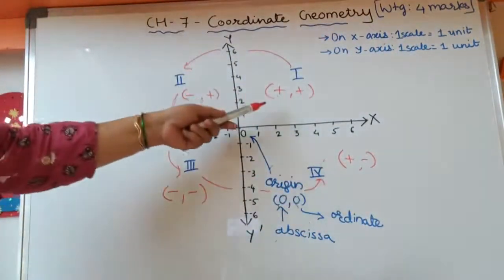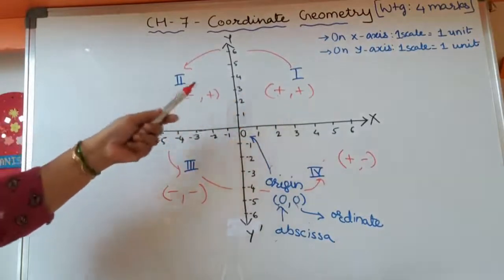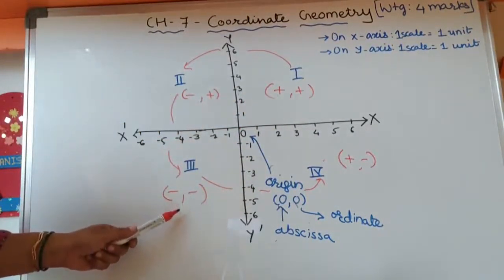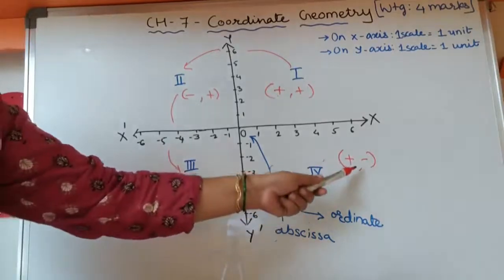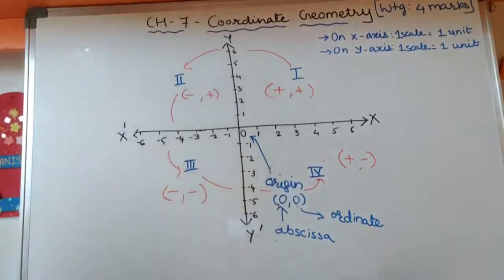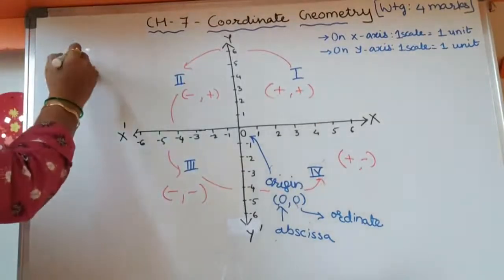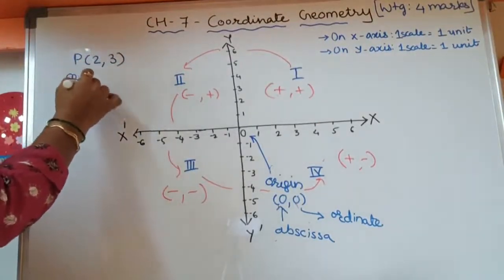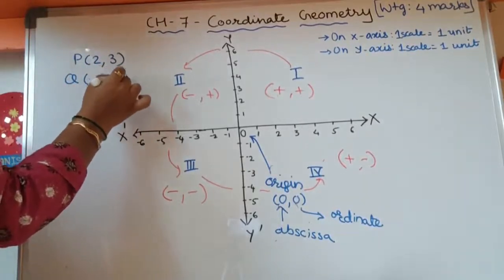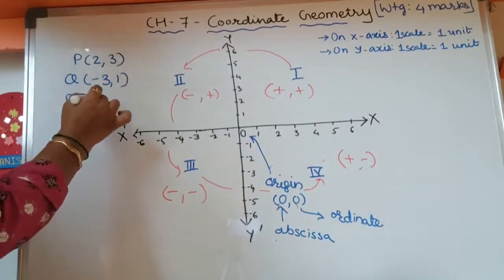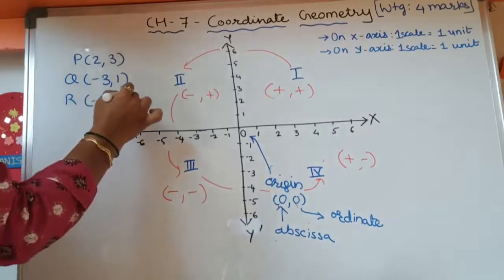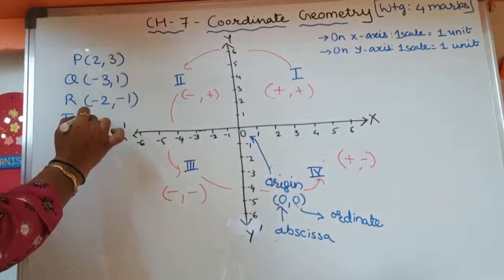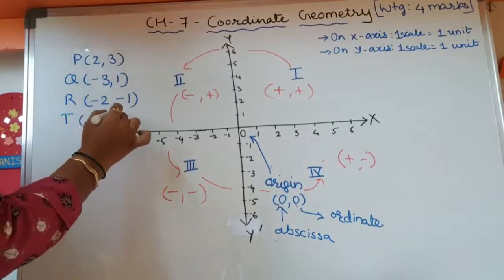So the signs for the first quadrant are plus plus, second quadrant minus plus, third quadrant minus minus, and fourth quadrant plus minus. So if anyone asks to plot the points P (2, 3), Q (-3, 1), R (-2, -1), and T (1, -2).